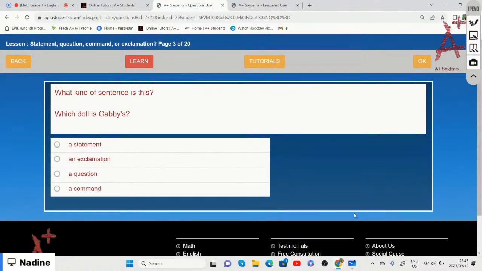Which doll is Gabby's? It ends with a question mark. Is that a statement, an exclamation, a question, or a command? If it ends with a question mark, then it means a question.